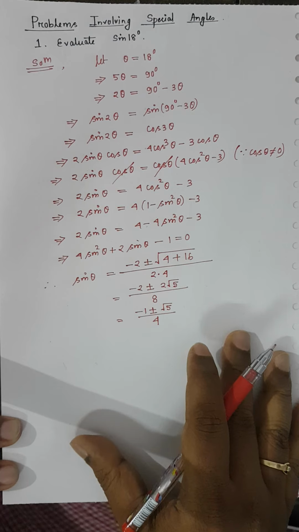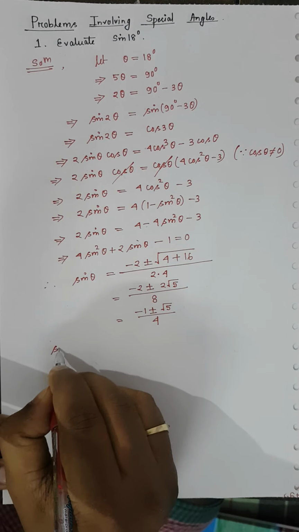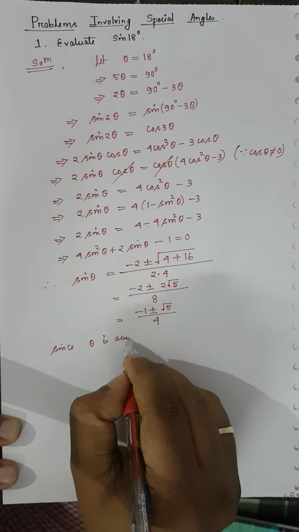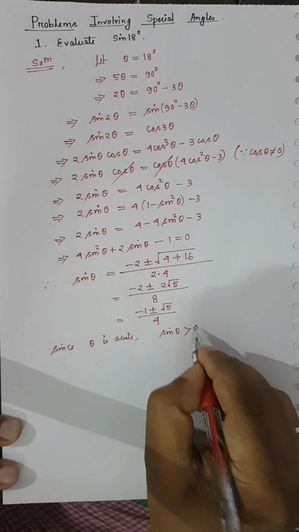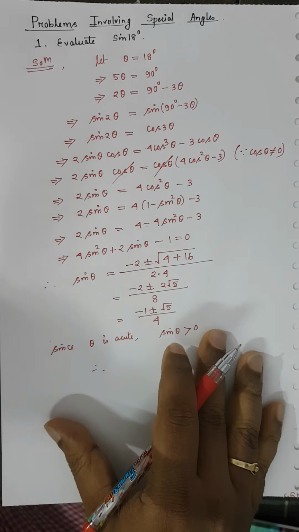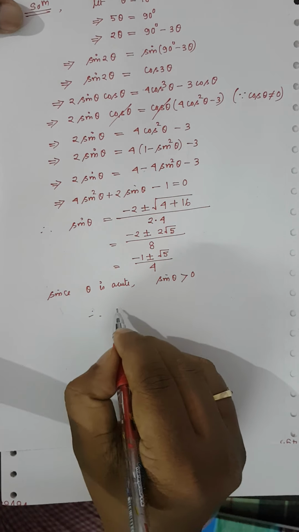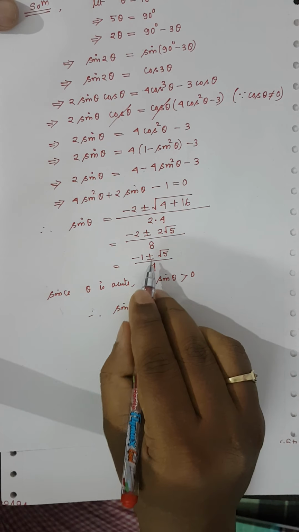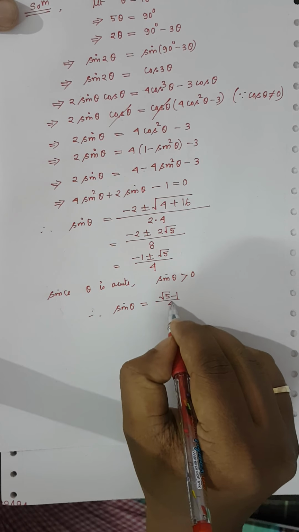You can clearly see the value of sine theta should be positive since theta is acute, therefore sine theta will always be positive. Hence the value of sine theta will be, you take the positive value, root 5 minus 1 by 4.